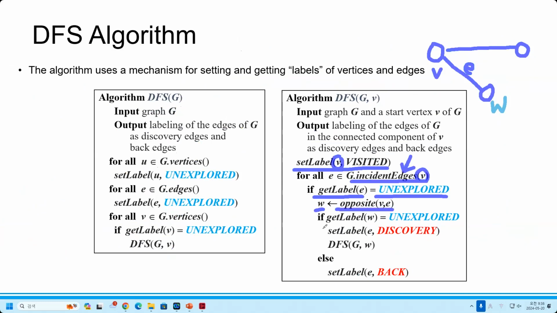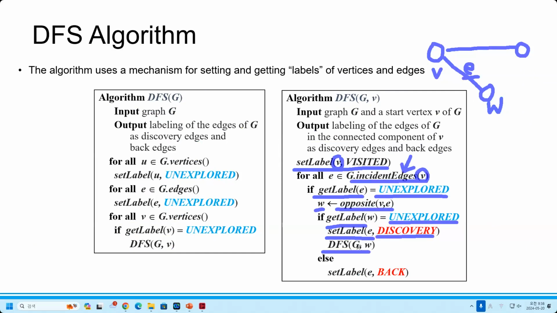And then check if the label of W is still unexplored, then let's check the label of E. If the label of E is unexplored, we call it discovery.